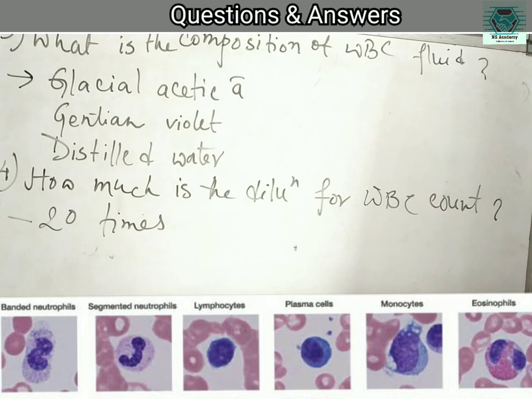And if the blood is taken up to the 1 mark, then the dilution becomes 10 times. So it depends. If the blood is taken up to 0.5, then the dilution is 20 times. So this is the usual way.